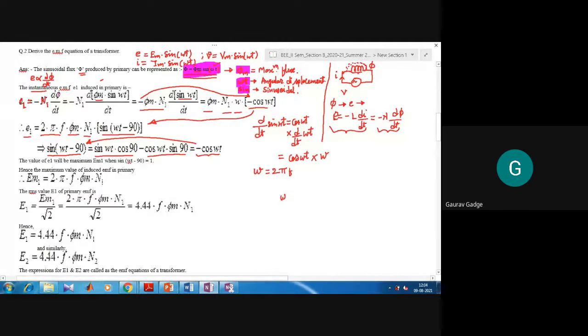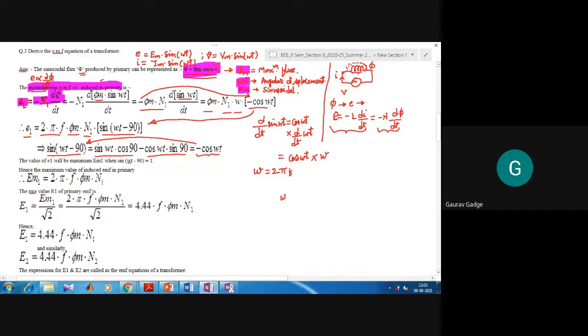Now, by using Faraday's laws of electromagnetic induction, instantaneous EMF equation can be written as, that is nothing but the induced EMF. I am writing only for primary. So if I am writing only for primary, I have to use E1. So E1 is what? Minus n d phi by dt.